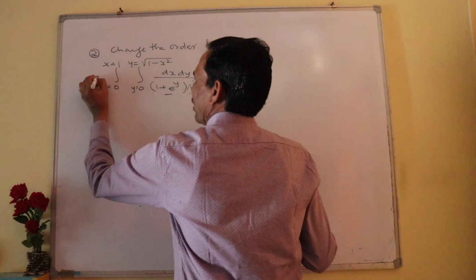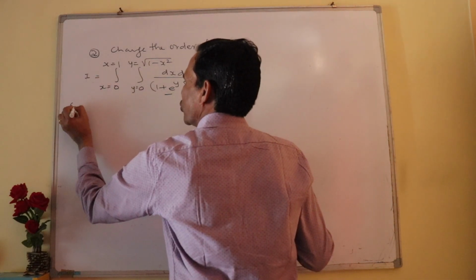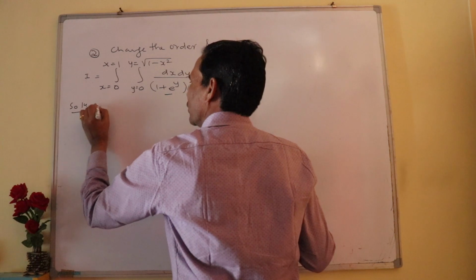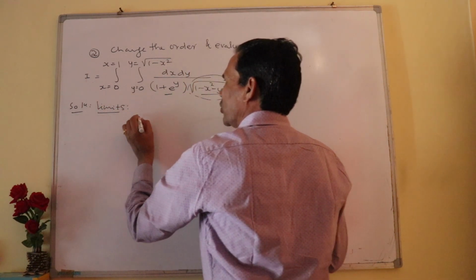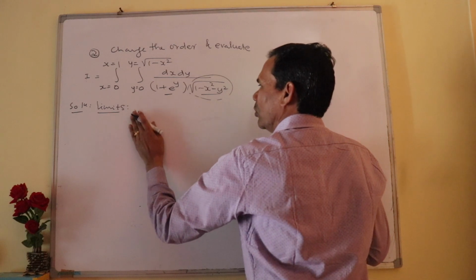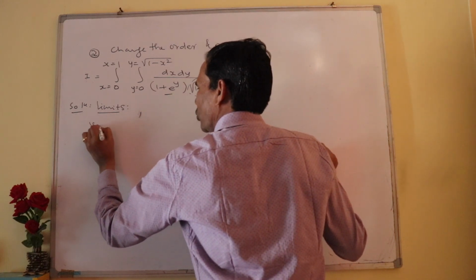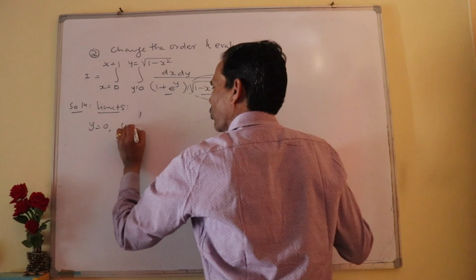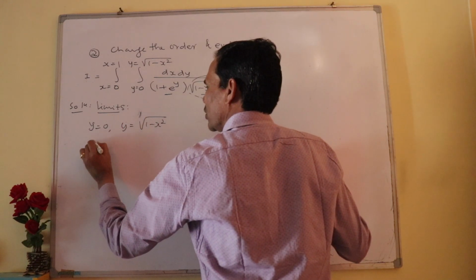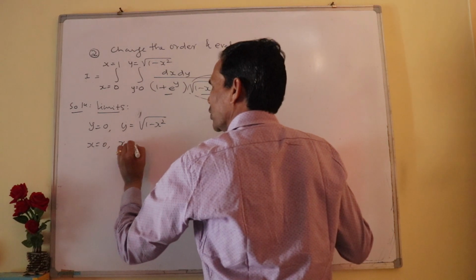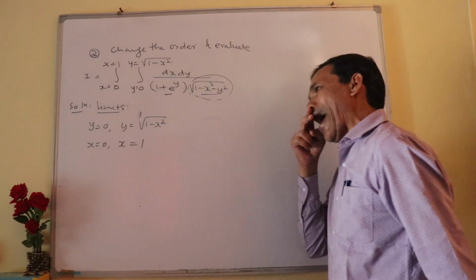So solution. Limits of integration: y is equal to 0 to y is equal to root of 1 minus x square, and x is equal to 0 to x is equal to 1.